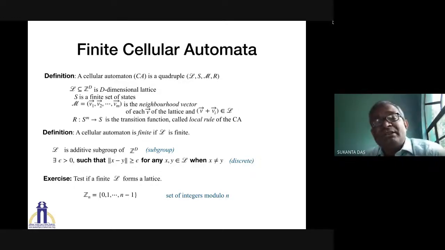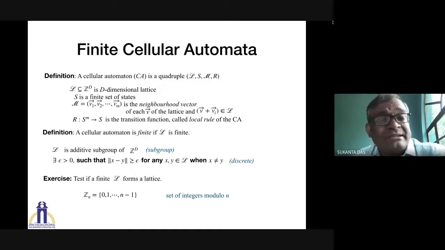Suppose, in this set, what is the addition here? This addition is the modulo n operation. Now the question is, does this set form a group under addition? Firstly, it is closed. To be a group, the first property is closure.